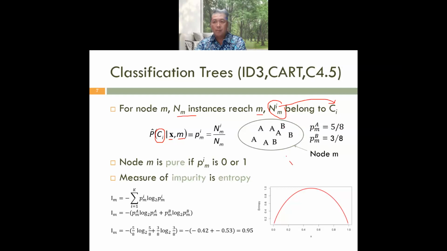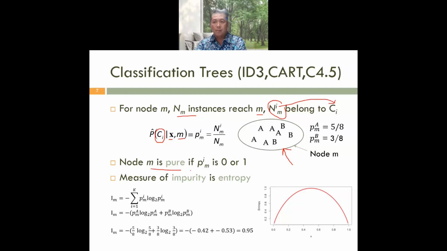The aim is that we want all the members of this particular node to have the same label or the same class. So we should be able to measure how pure your node or partition is.